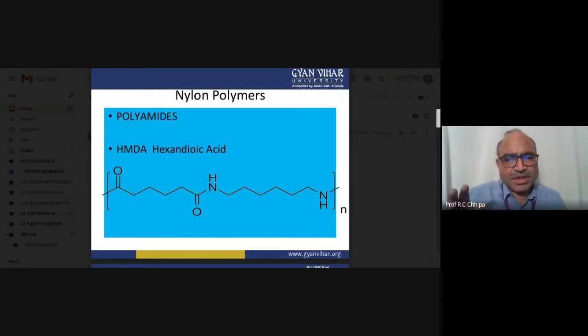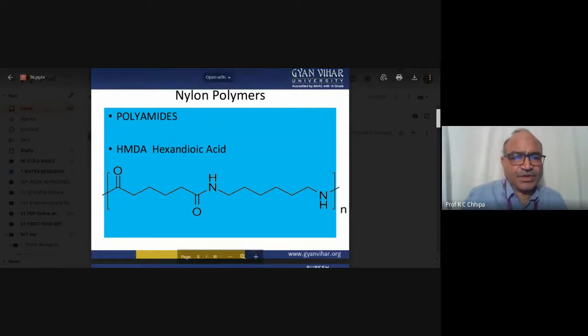This is the condensation of two molecules. One molecule has six carbon atoms, and at the end of the six carbon atoms, the group is the carboxylic group. In the other case, two amine groups are there. So they form a condensation product.